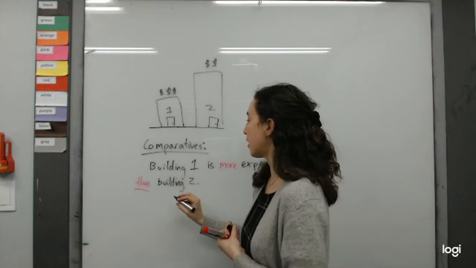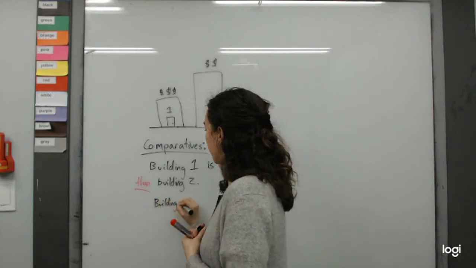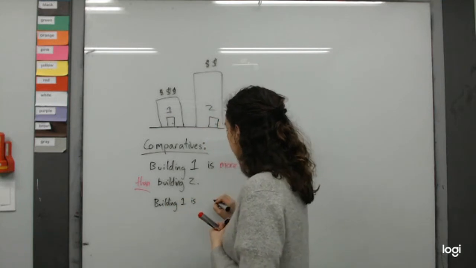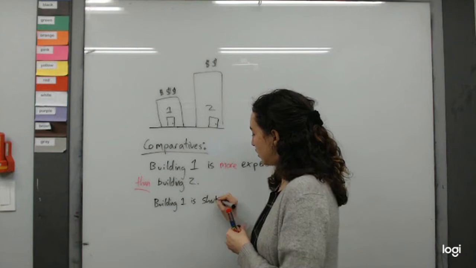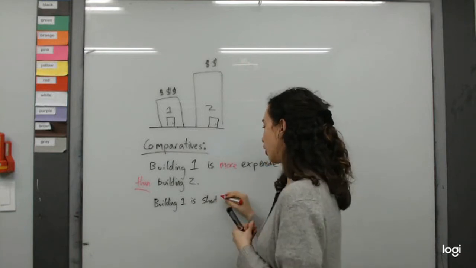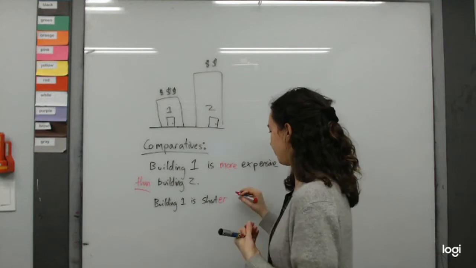We can also say building 1 is shorter than building 2.